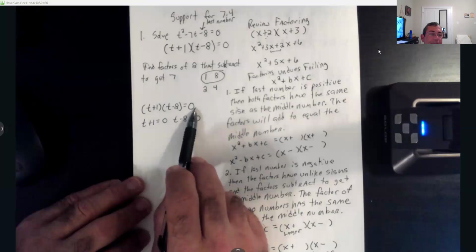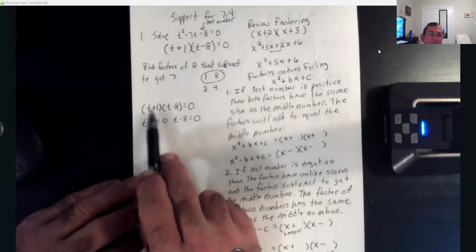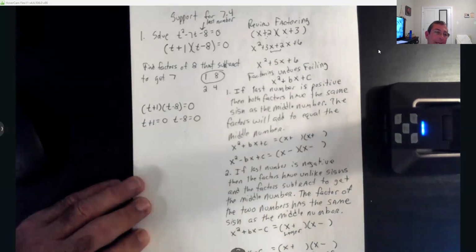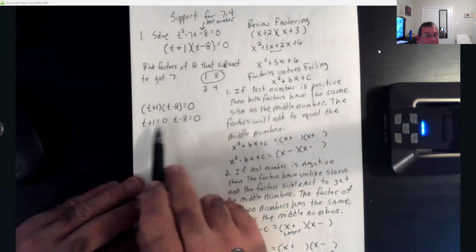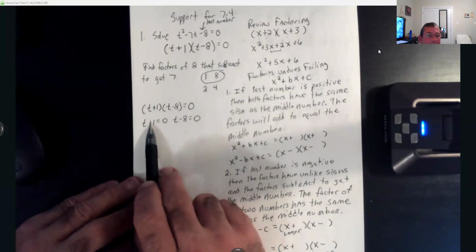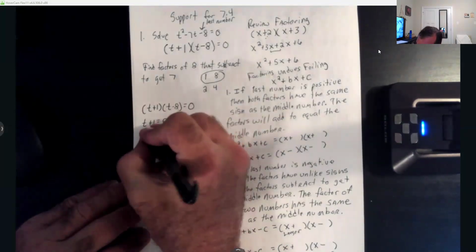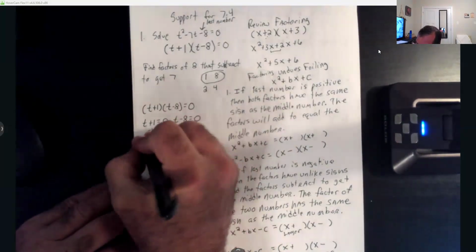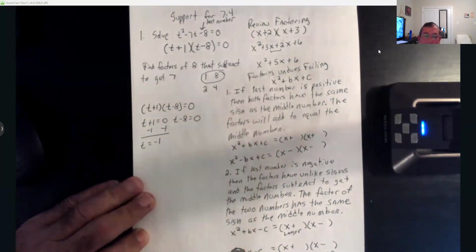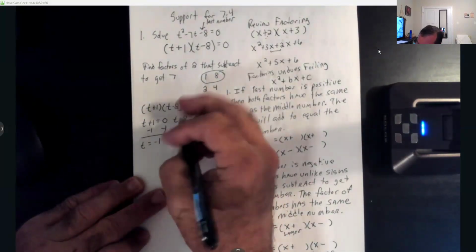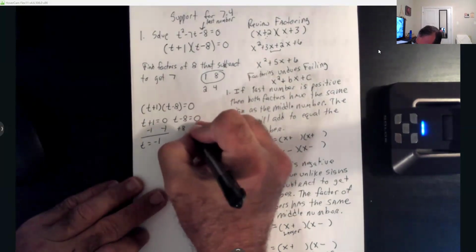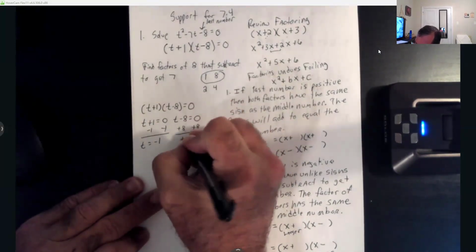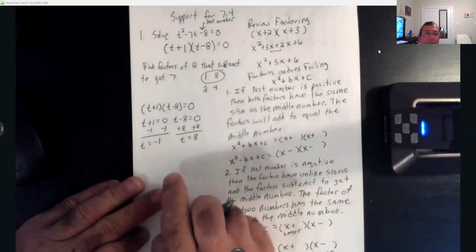If you got an answer of 0, then that means either this factor or this factor equals 0, right? All right, so we'll solve these. So here, I'm going to subtract 1. I get t equals -1. Here, I'm going to add 8. And I get t equals +8.